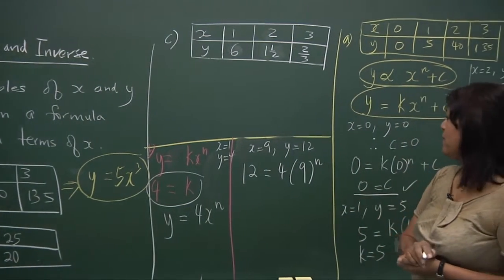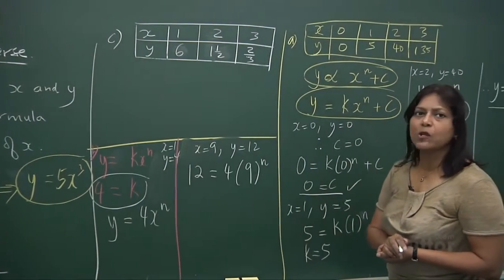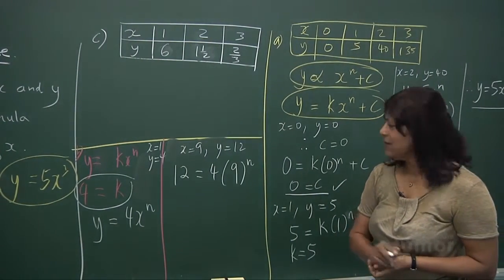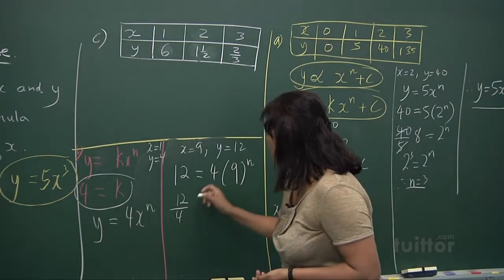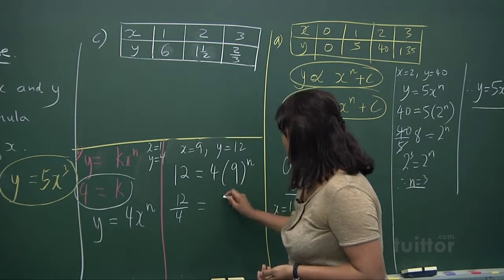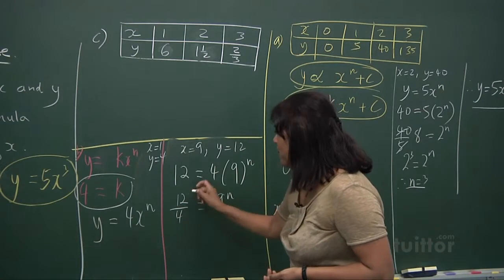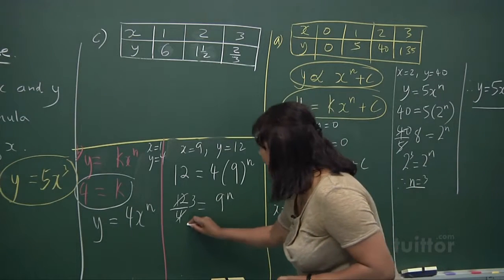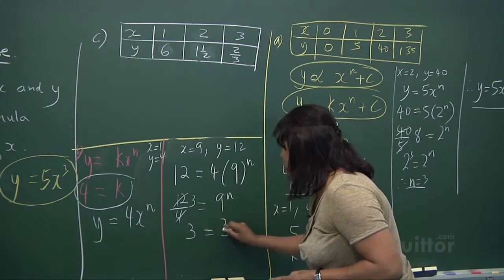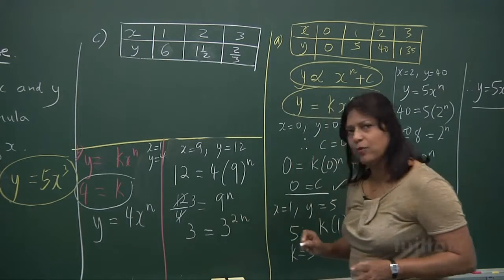Look at this very carefully. The n is only meant for x. We bring the 4 over. 12 divided by 4, you get 3, and 9 is 3 to the power of 2, so 3 equals 3 to the power of 2n.